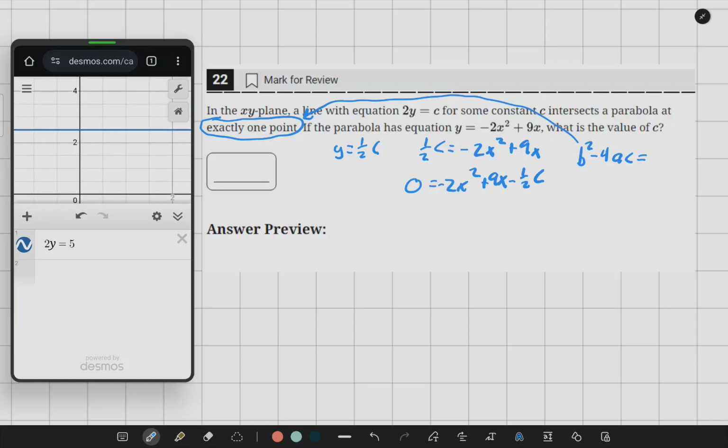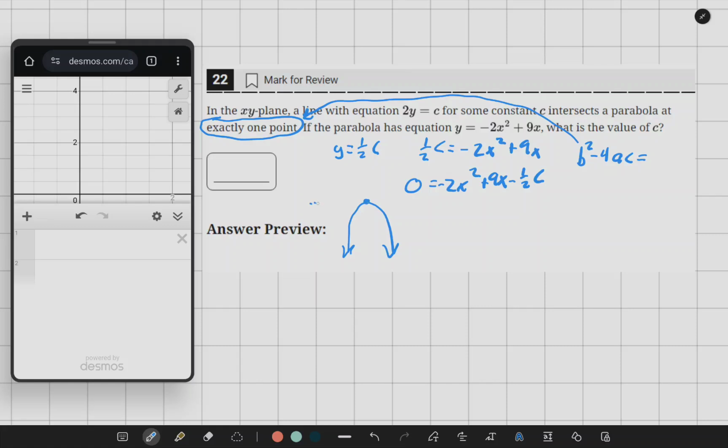Sorry, a horizontal line. Yeah, so if we just plug in a random number, since we know c is a constant, we know it's going to be a horizontal line, which means we're going to be looking for somewhere where this parabola, which is going to be shaped like this in this case, hits the top or the bottom. In this case, it's going to be the top of the parabola.